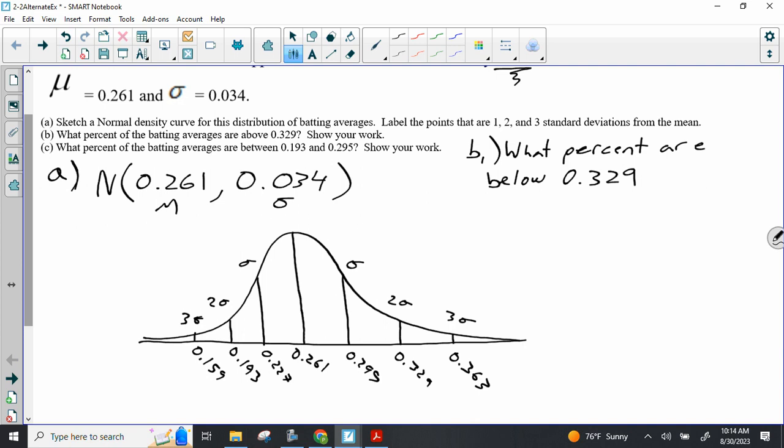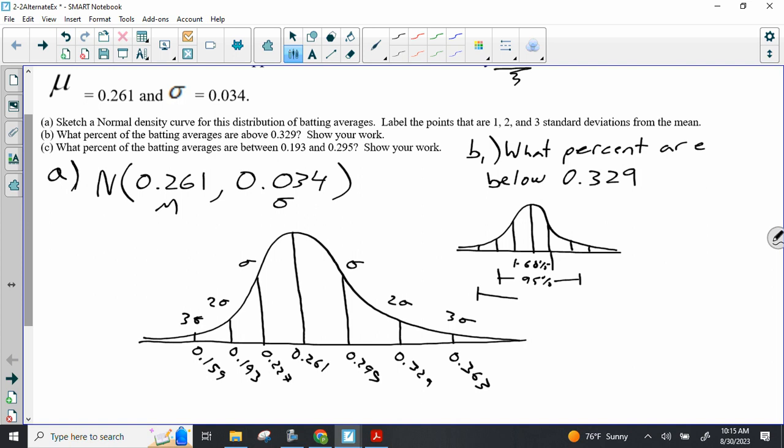So our empirical rule tells us that this has 68%. In this interval, we have 95%, between 2 standard deviations and 3 standard deviations.